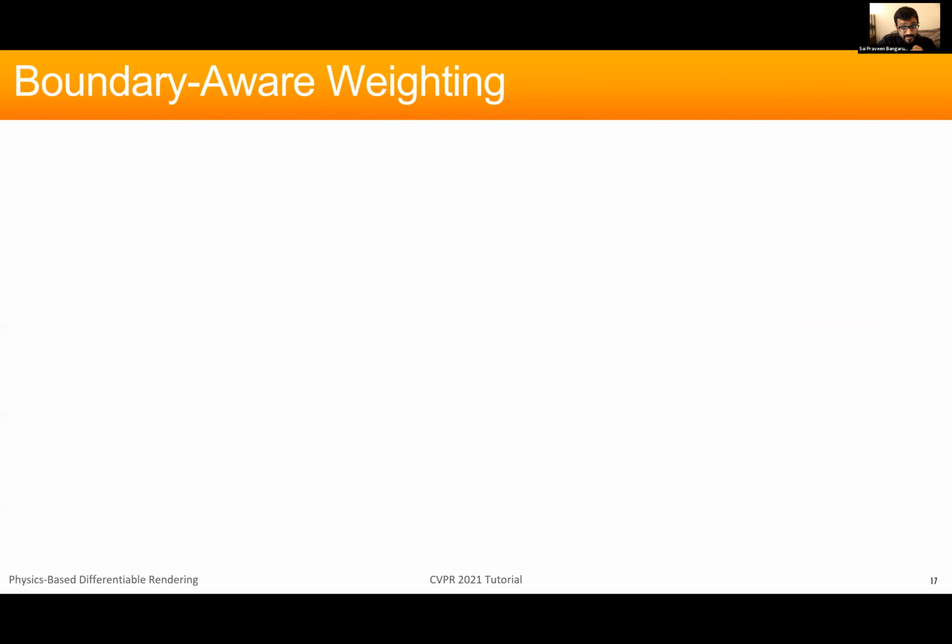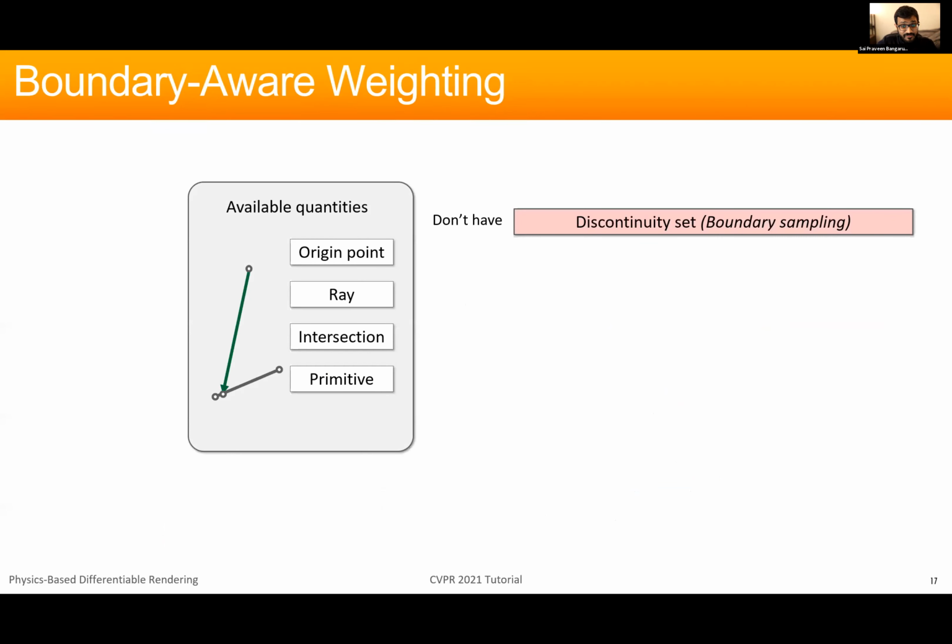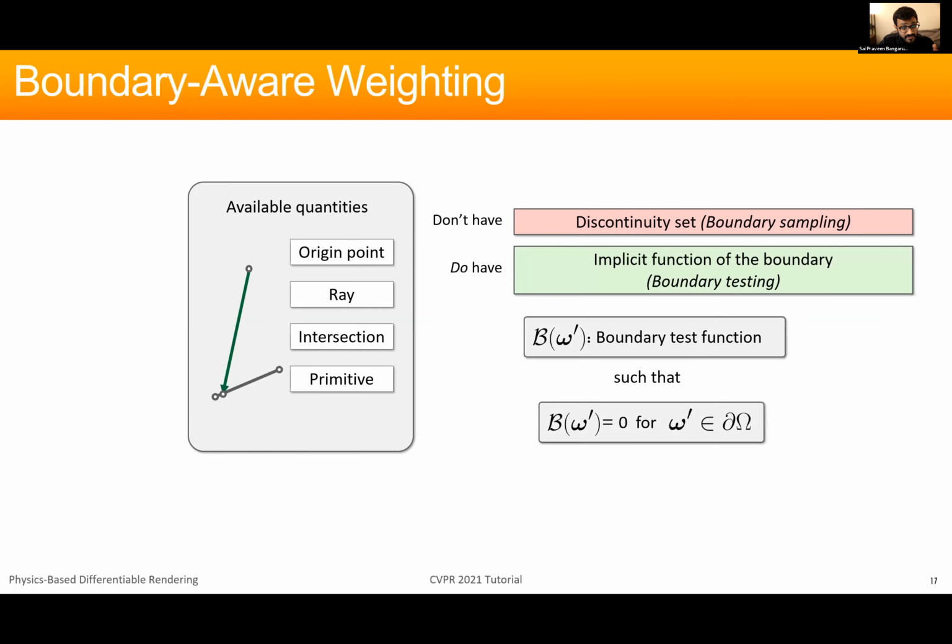However, remember that we don't actually have access to the set of discontinuities. We can only access the current intersection point and its local geometry. So how do you compute this distance to the boundary that you need in order to apply that weighting? It turns out that you can still achieve that goal if you can instead compute some function, which we're going to call here the boundary test function, whose zero set is the set of discontinuous points.